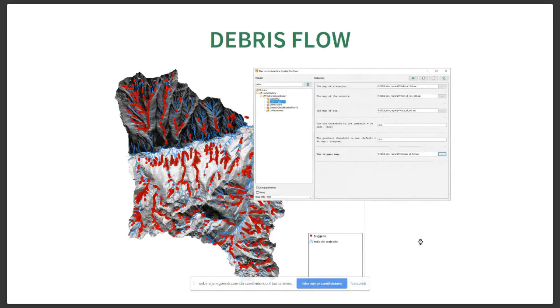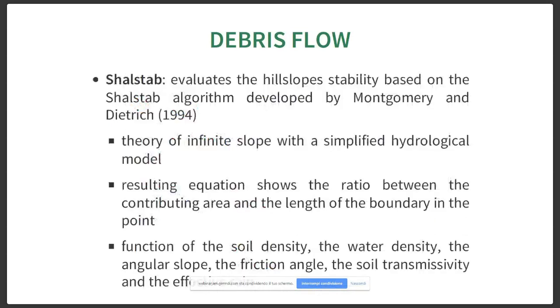Then we want to evaluate the contribution of the hill slopes. First of all, we have to understand if we have shallow landslides on the hill slopes, and in particular if the hill slopes are stable or not. We can use the model SHALSTAB, which evaluates the hill slope stability based on the SHALSTAB algorithm developed by Montgomery and Dietrich.